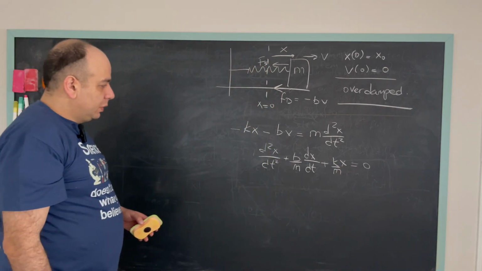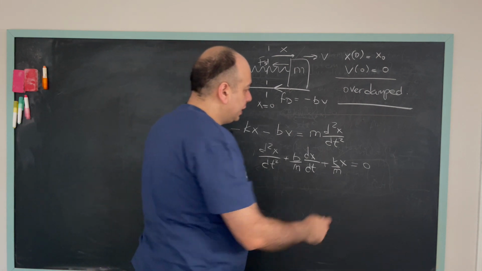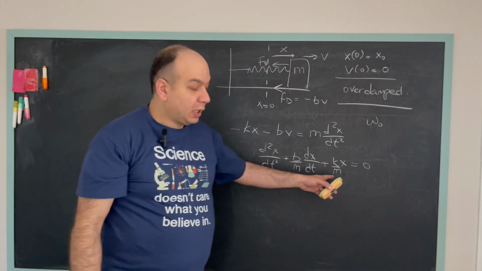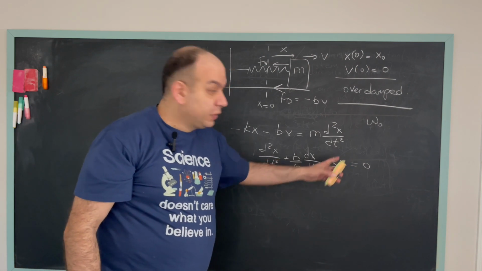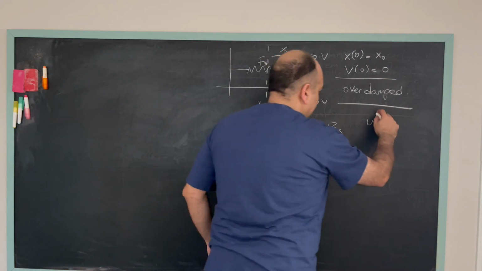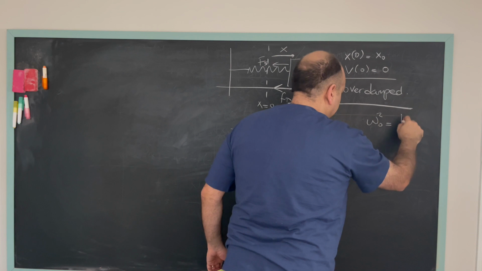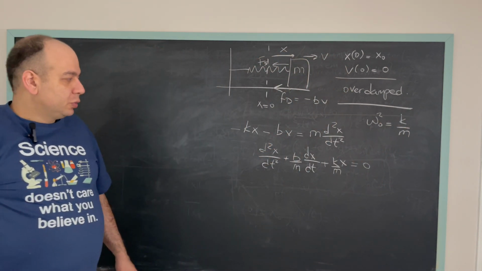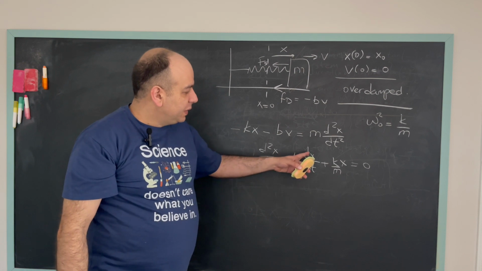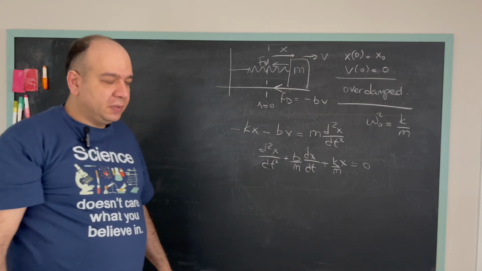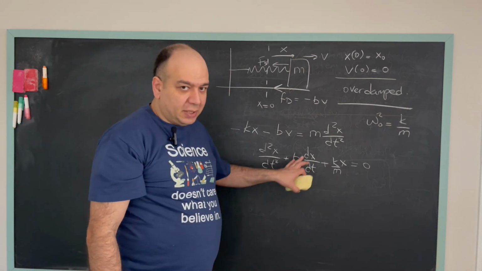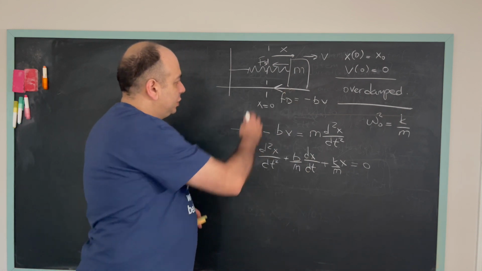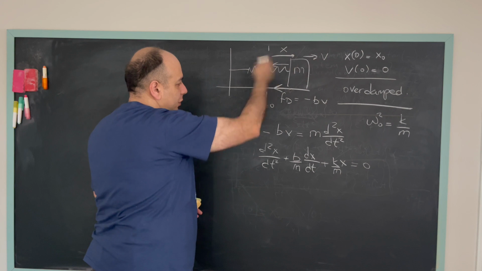This is good. For those who already studied simple harmonic oscillation, k over m is nothing but the square of the natural frequency of this system. So if there was no damping, by the way, the first derivative term is the damping, right? So if there was no damping, this system would just oscillate back and forth.